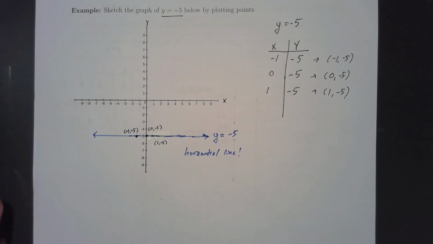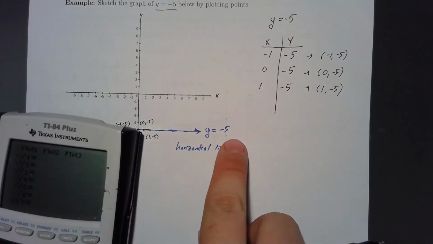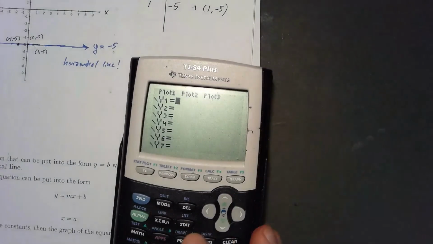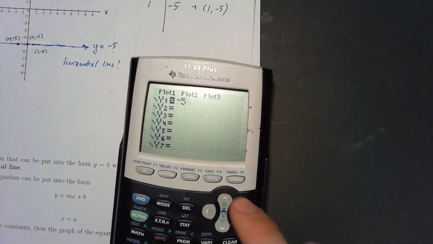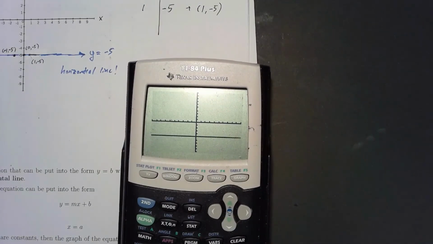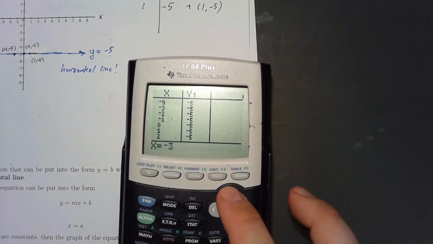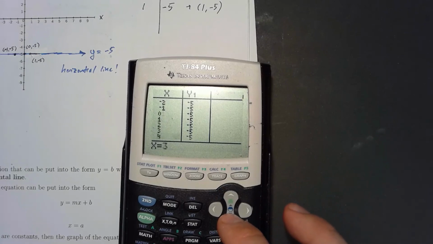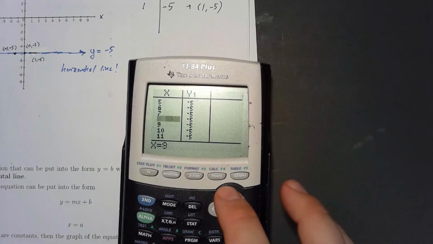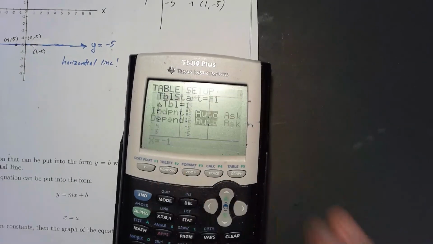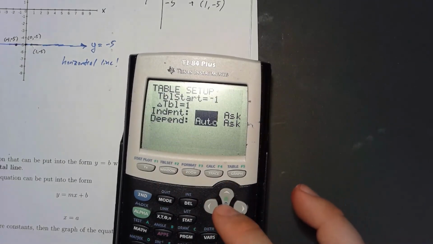This one I could graph because I have y equals a number. So if I go to my calculator, y equals -5, and I graph it, hey, there it is at -5. If I go to my table, as you can see, all the y-coordinates are always -5, but the x-coordinate could be anything else.